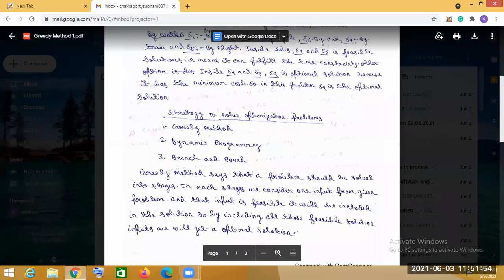But if you do not follow the greedy approach, some students or applicants may complain that the screening method is not right, that maybe I should have been selected but they have not selected me.